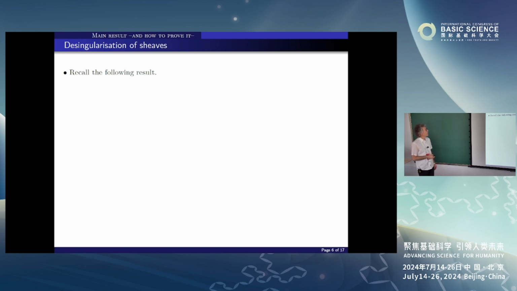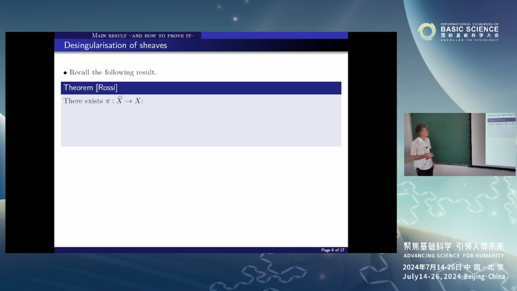Fine. So we will proceed by the so-called desingularization of sheaves. We recall the following result, which was established by Rossi in the late 60s. There exists a map like this, from X hat to X, which does the following for us.